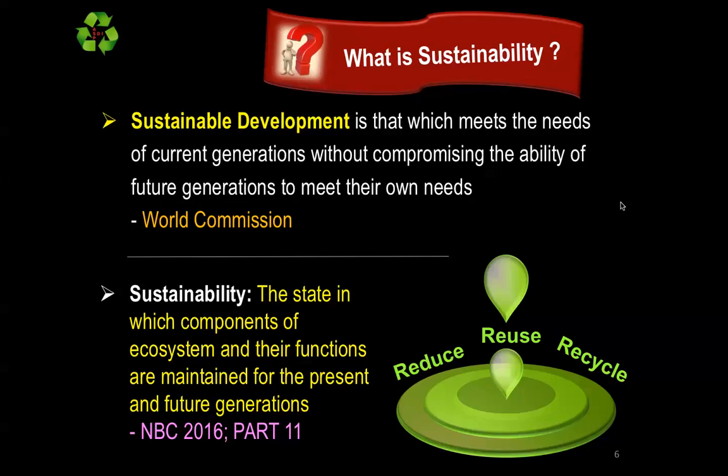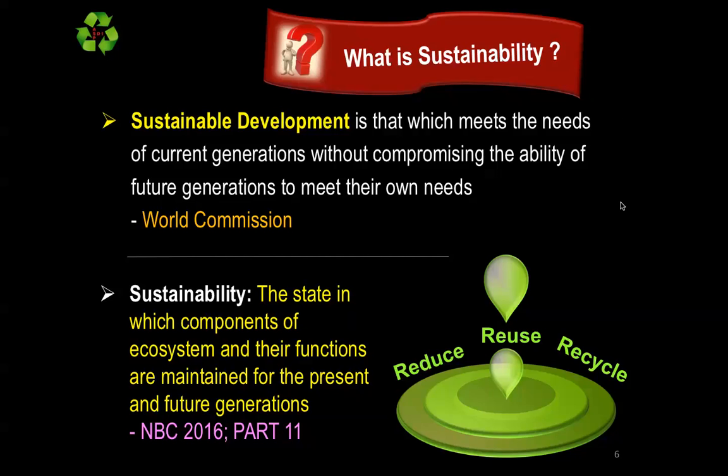As far as our National Building Code 2016, Part 11, Approach to Sustainability, which has been very elaborately dealt with in NBC 2016, it defines sustainability as the state in which components of the ecosystem and their functions are maintained for present and future generations.